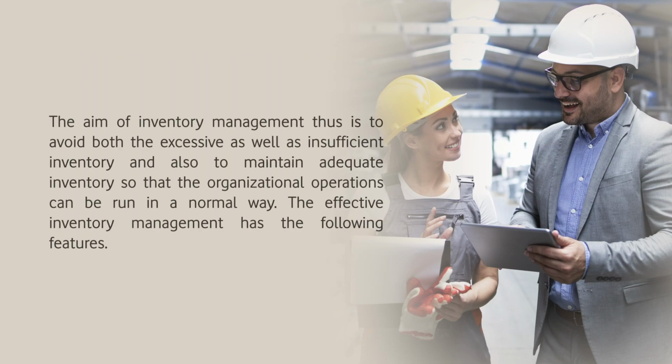The aim of inventory management, the basic aim, is to avoid both excessive as well as insufficient inventory, and also to maintain adequate inventory so that organization operations can run in a normal way. Effective inventory management is the following: on the manufacturing line or the assembly line, whenever inventory is required, the required quantity should be available at that point of time at that place.